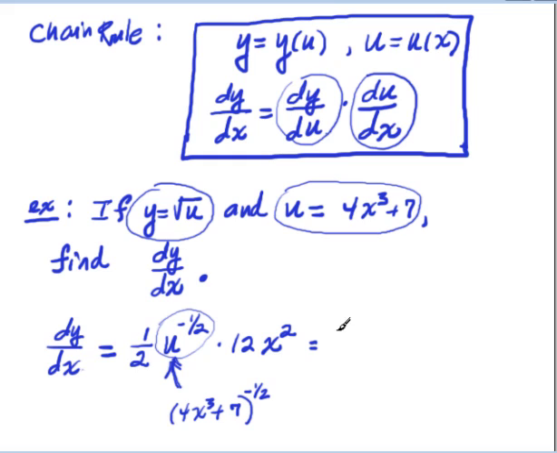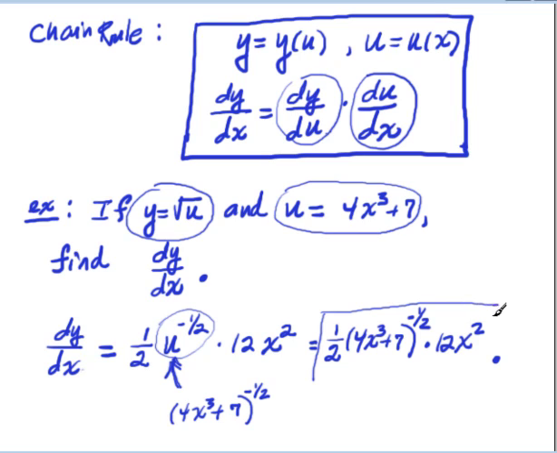So just to finish this off, we write 1/2, u is 4x cubed plus 7, that's u to the minus 1/2, times 12x squared. So that's our derivative.